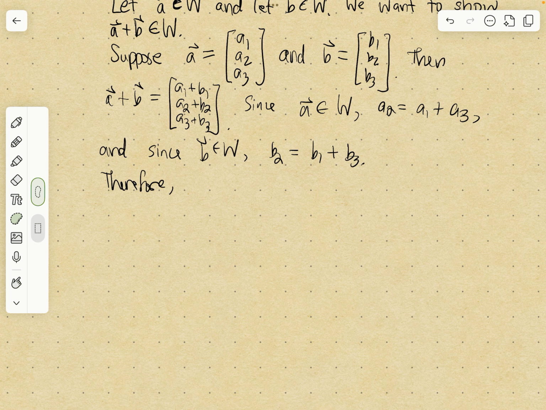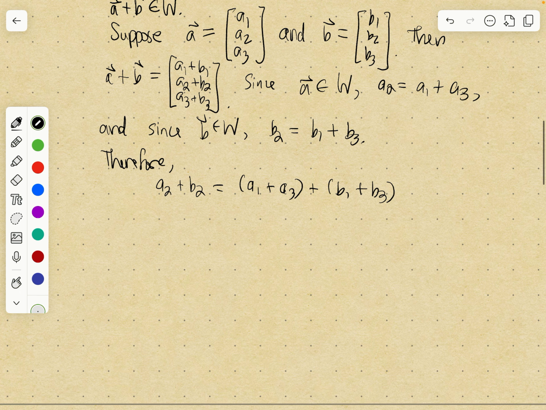We're trying to say something about A2 plus B2, right? So therefore, A2 plus B2, given these two equations, is equal to A1 plus A3 plus B1 plus B3. And this is equal to, by properties of real numbers, A1 plus B1 plus A3 plus B3.